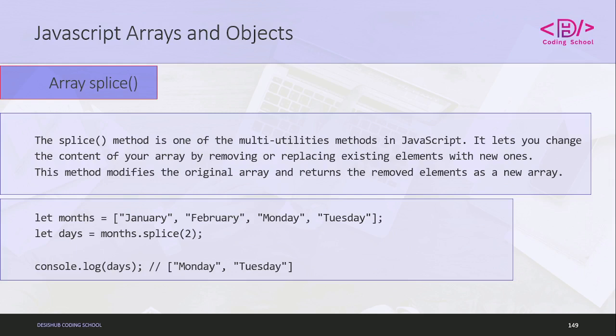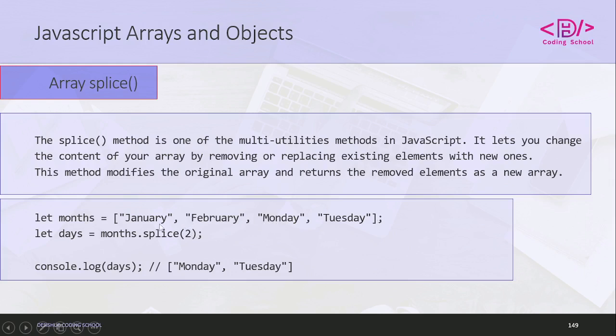So how it works, for instance, if you had the months, January, Feb, Monday and Tuesday, you could go ahead and splice days. When you splice and you put only one number like this, it means go to this position and remove all elements up to the last one.